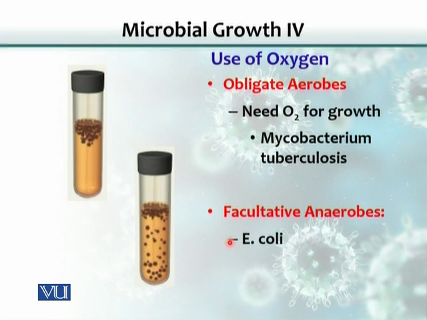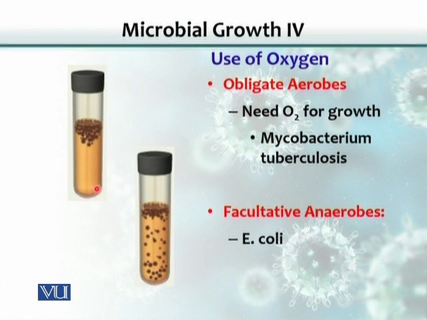These are the organisms that basically like the presence of oxygen, but if oxygen is not available for some reason, they don't mind it. They keep growing. So these are called facultative anaerobes. We can differentiate these cells based on a test in which we use a liquid medium in a test tube and look at the growth pattern.